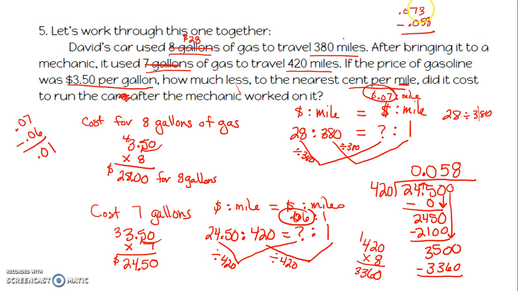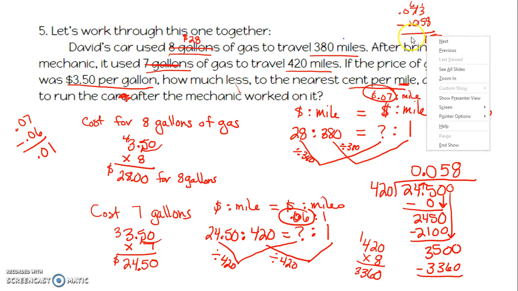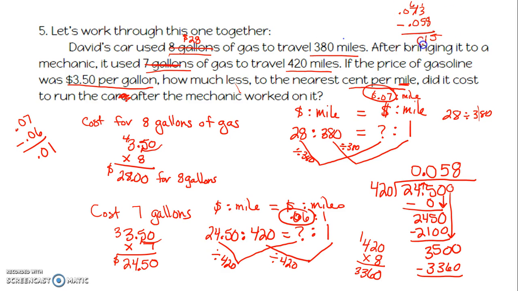I already erased all that work. So here, 7 goes to 6. 13 minus 8 is 5. 6 minus 5 is 1. 0 minus 0 is 0. Here's the problem. If the teacher has you wait till the end, sorry, there's a 1 there.